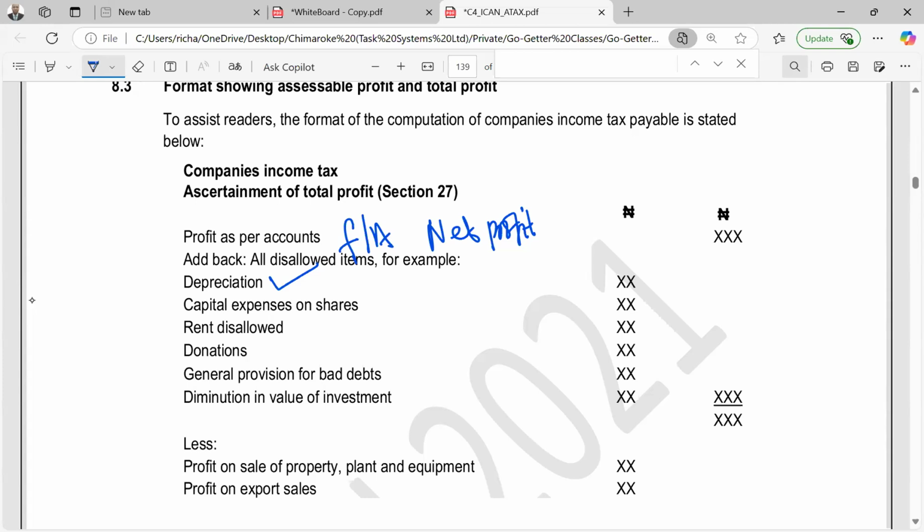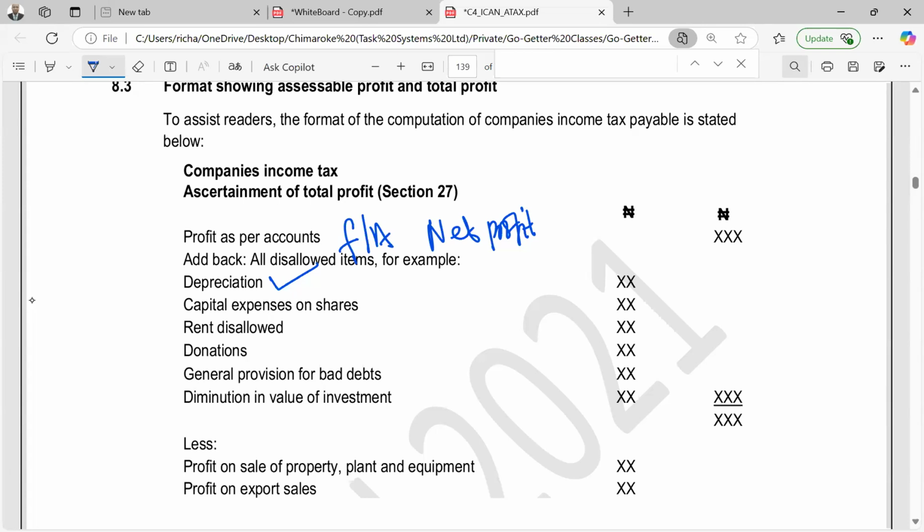Another item that is added back is capital expenses on shares. So when you are paying for shares, you are increasing your share capital, maybe other expenses relating to shares. That is a capital expense. And one thing is any capital expenditure, be it you are making a projection on your building, it's going to be a capital structure.